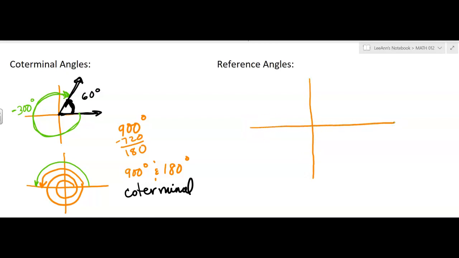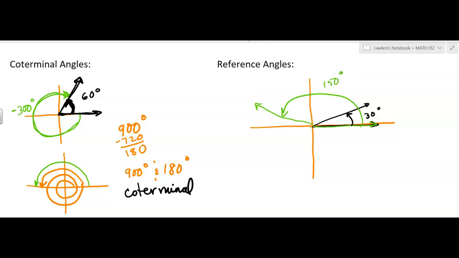So let's talk about a 30-degree angle. Okay, so say this is from here to here, 30 degrees. And then let's say we have an angle that's 150 degrees. It's in standard position, but it winds up going over here. So it's going from here to here, and that's 150 degrees, okay?